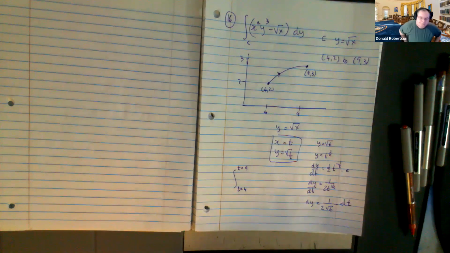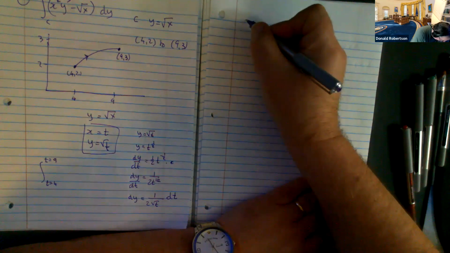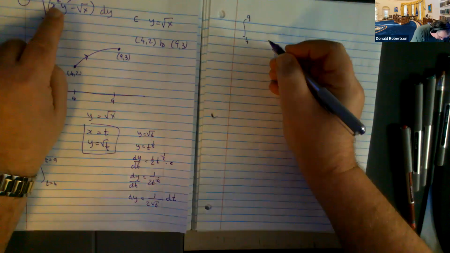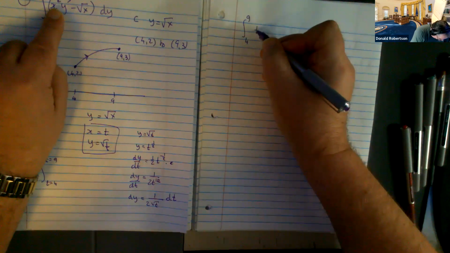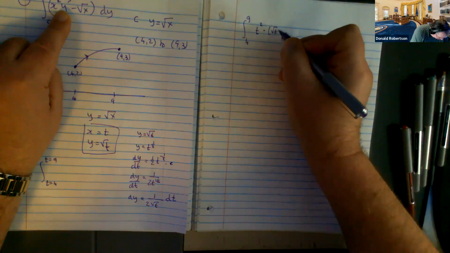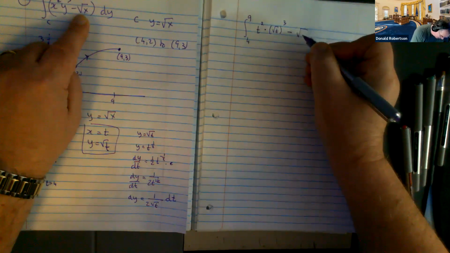Right. So since I've kind of used up my room, the original one is now going to be from t equals 4 to 9. X squared becomes t squared. Y cubed becomes the square root of t cubed. Take away the square root of t becomes the square root of that guy.